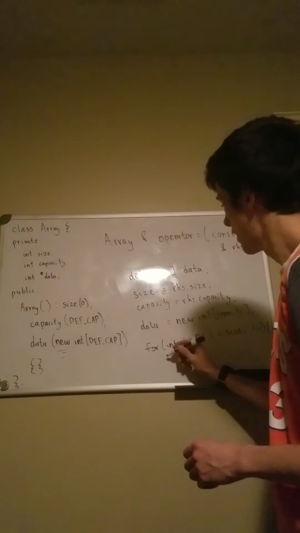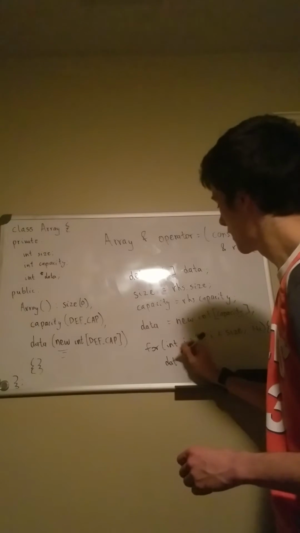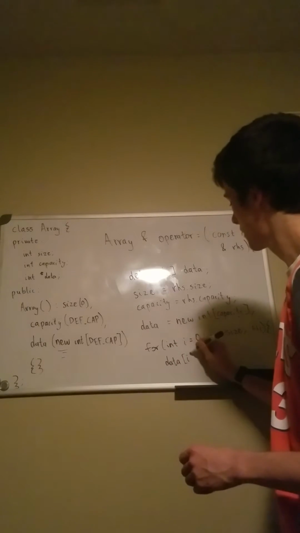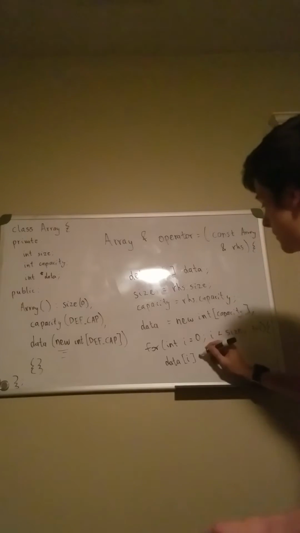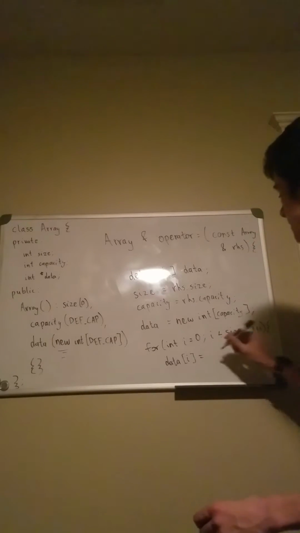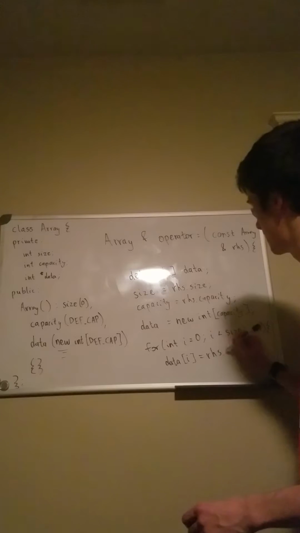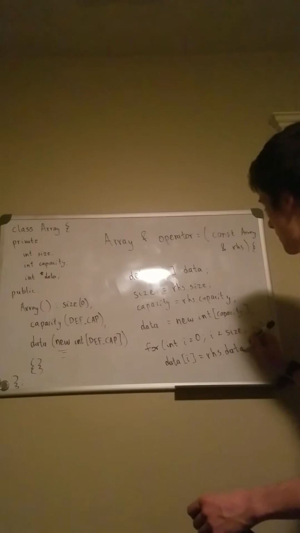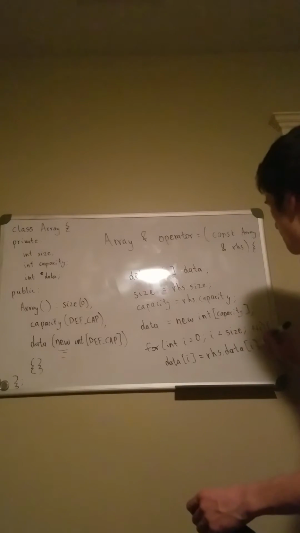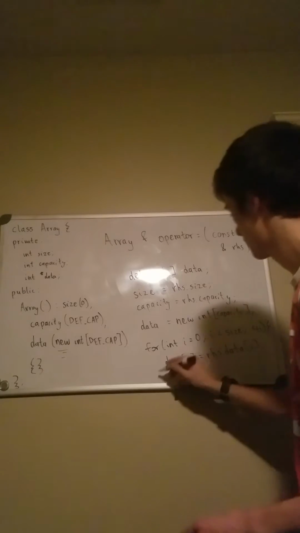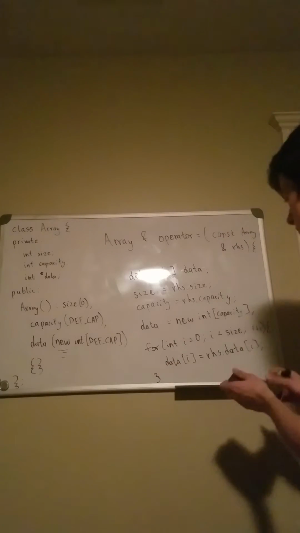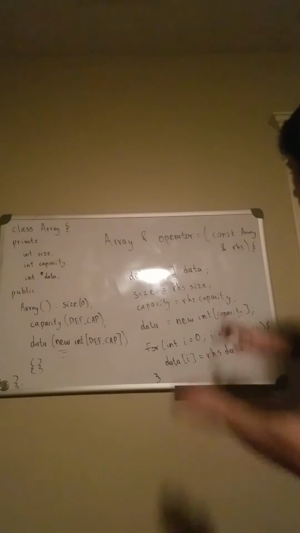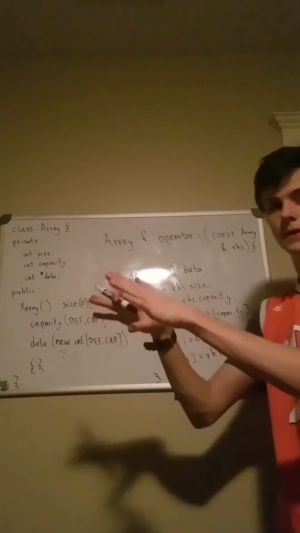So data at index i is going to be equal to, or being assigned to, the RHS dot data at the same index. Close the loop. So now we've effectively transferred all the contents from the right-hand side over to the left-hand side.